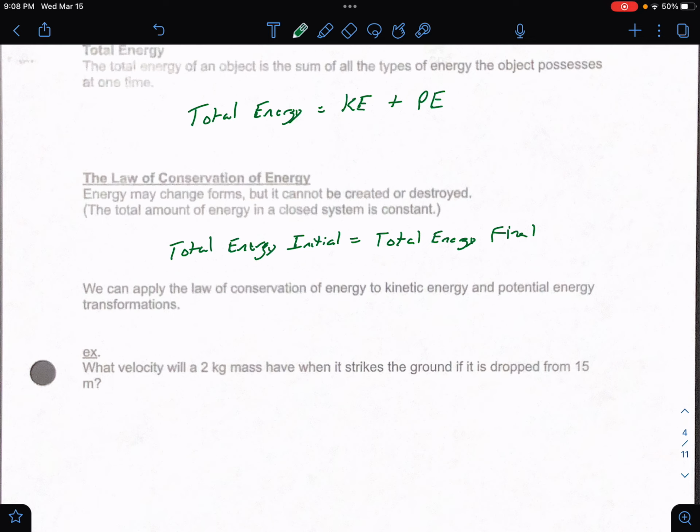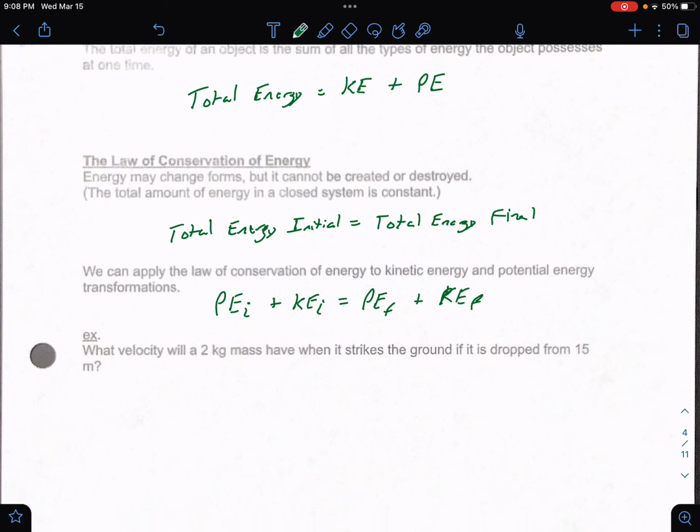We can apply the law of conservation of energy to kinetic and potential energy transformations. So there's going to be potential energy initial plus kinetic energy initial equals potential energy final plus kinetic energy final. PE plus KE equals PE plus KE.